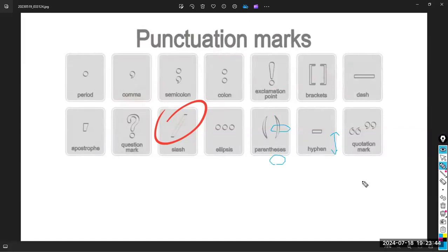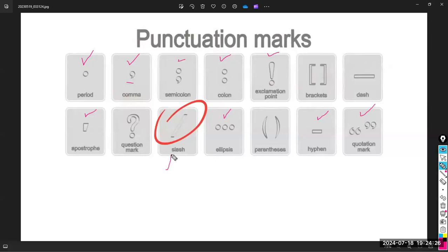Till now, thank God, we have finished talking about the period, the comma, which is extremely important, the semicolon, the colon, the exclamation mark, the dash, the apostrophe, the quotation marks, the ellipsis, the parentheses, and the hyphen. So we still have brackets, dash, question mark, and the slash. These are the easiest. We need only a short period of time to finish talking about them.